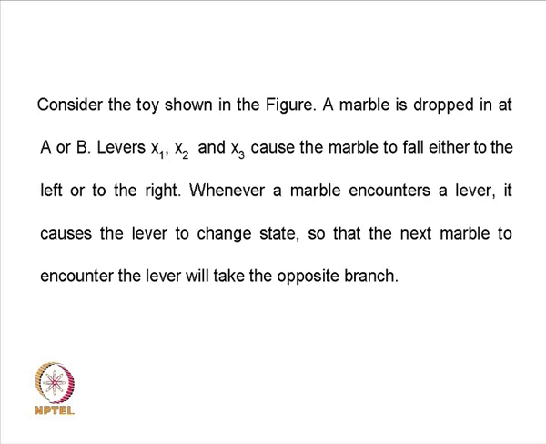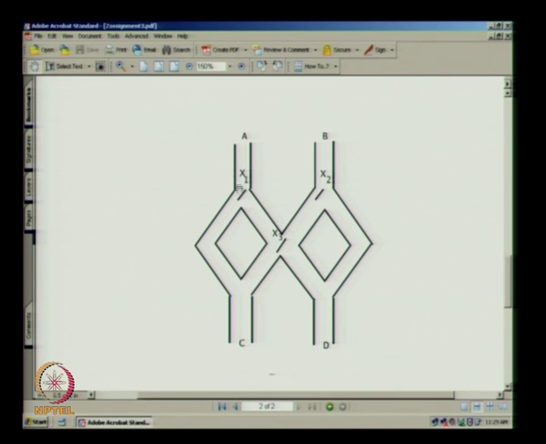The second question is, consider the toy shown in figure 1. There are 3 levers x1, x2, x3, and the marble can be dropped in place A or B. When it is dropped in this hole, it is considered a 0 input.